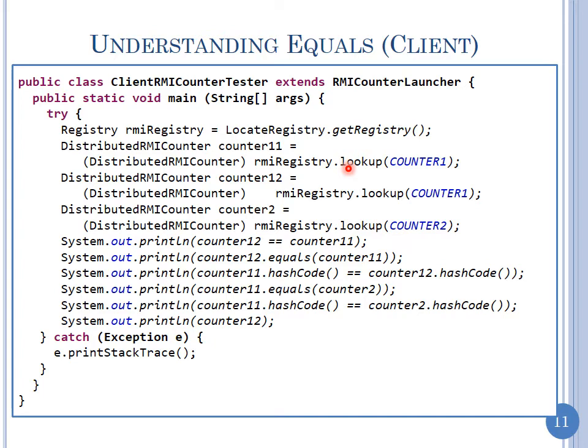Because there's an exception. For the same reason. Equals is called locally or remotely? Local. Should they return true or false? Why can equals not throw an exception? Because equals has been declared in Object to not throw an exception.